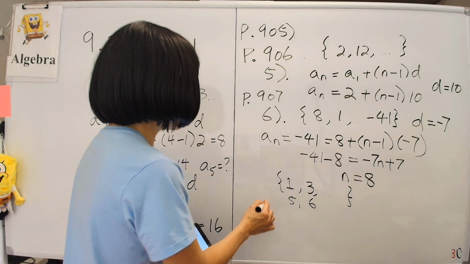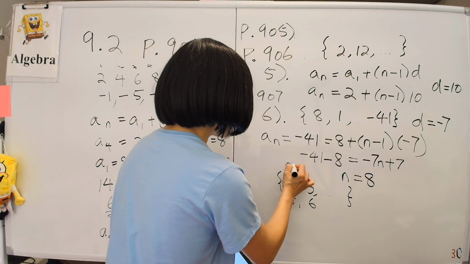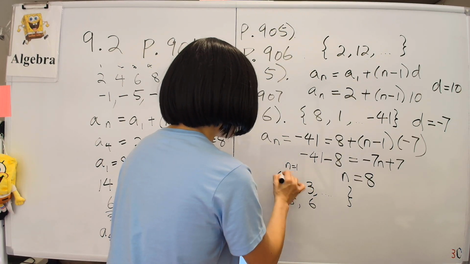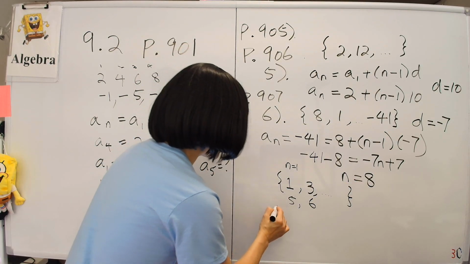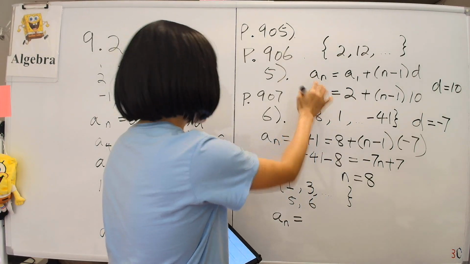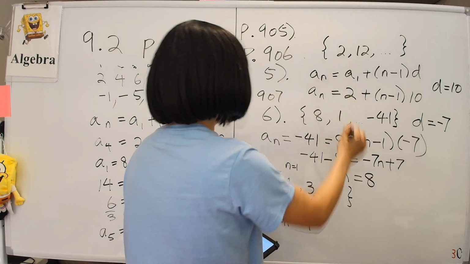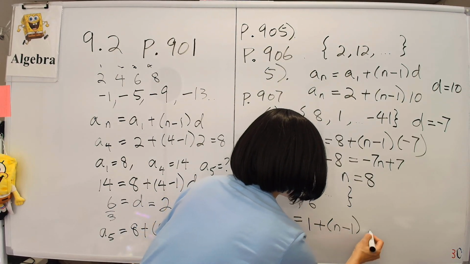So if we call this the first year that he gets his allowance, n equals 1, and so on. Let's figure out what an is. According to the formula right here, an is equal to a1, which is 1, the first year, plus n minus 1 times the difference.